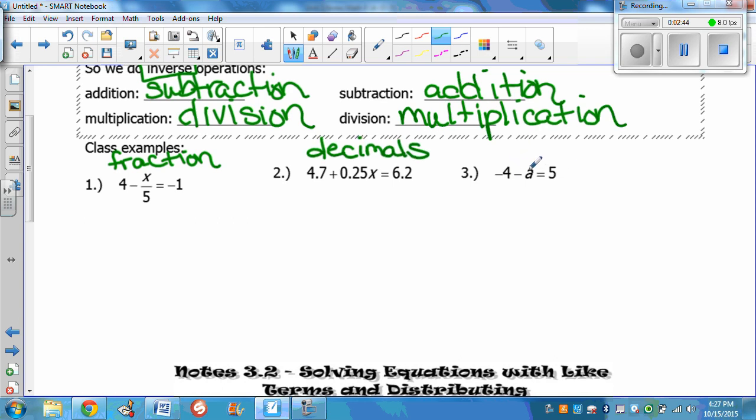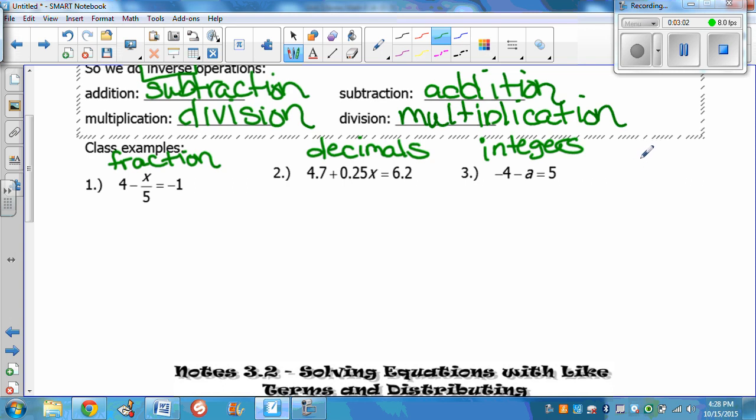And then this one just has all whole numbers, so we should say integers. This one just has integers in it. So I'm going to start with one of my own. I'm going to make one a little bit different over here.